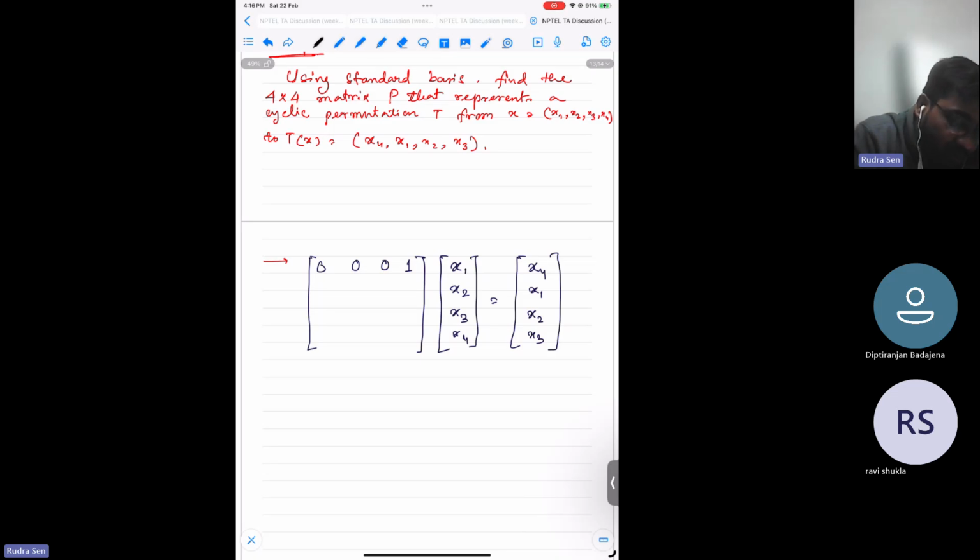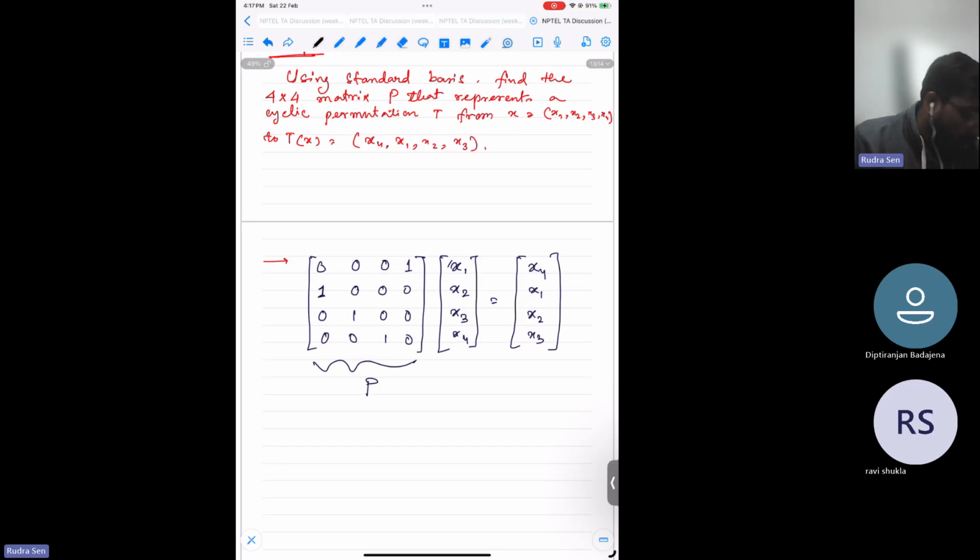Now x1 moves to the second position, so in the second row, the first entry should be 1 and the other elements are 0. Then the third column and the fourth column follow similarly. So this is the P matrix, which makes the vector cyclic in nature.